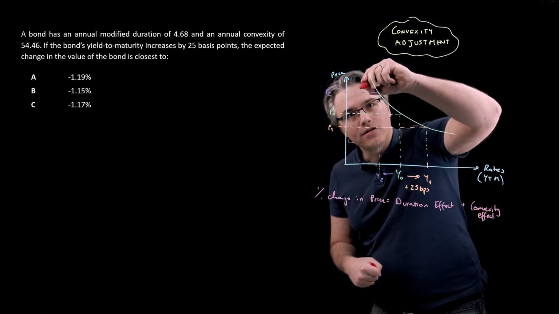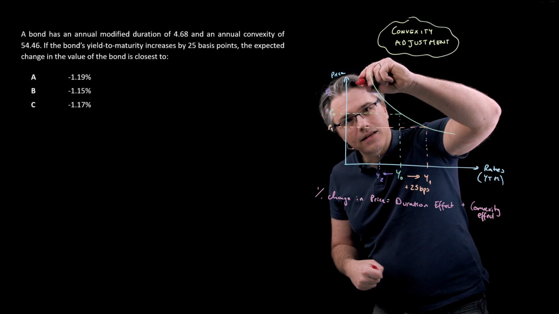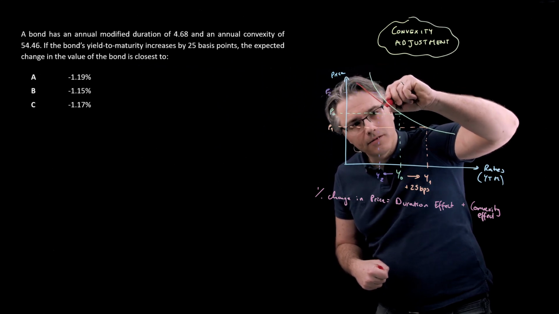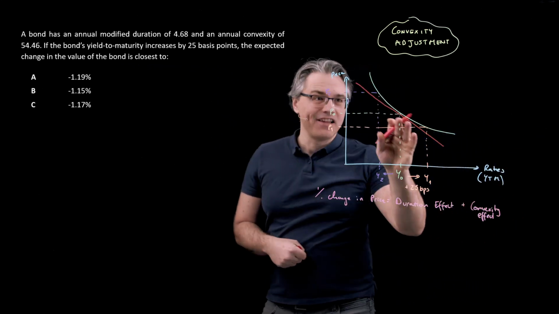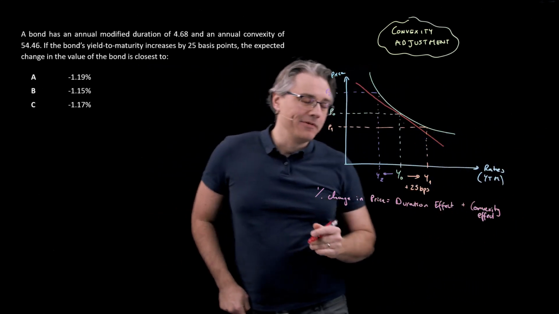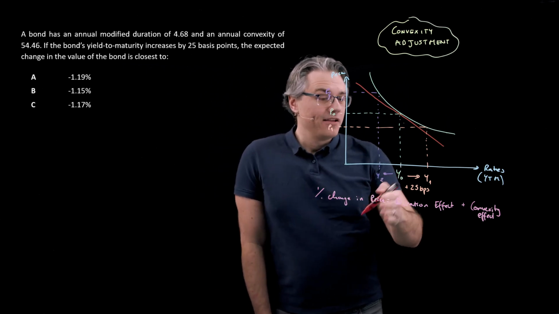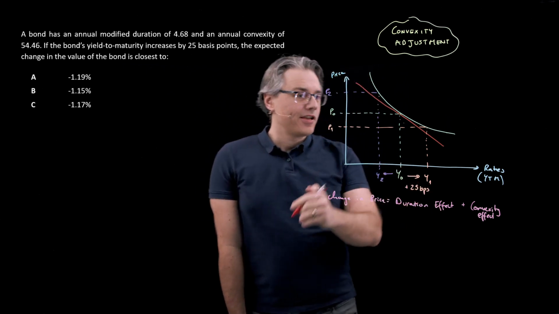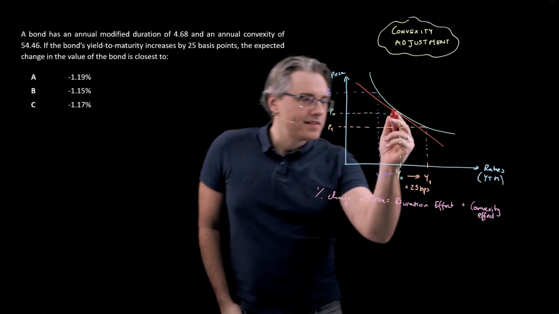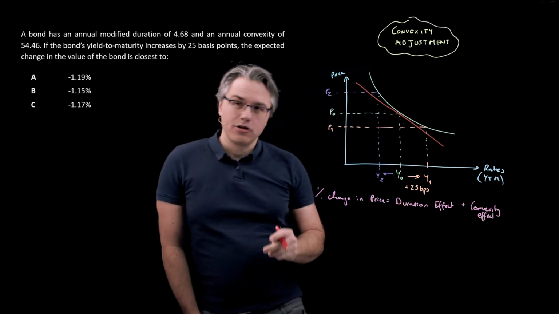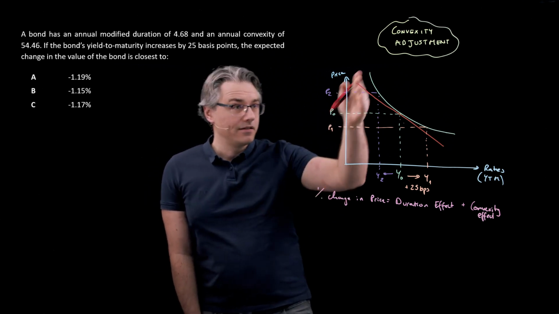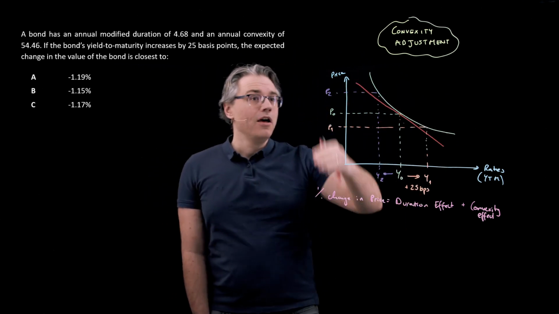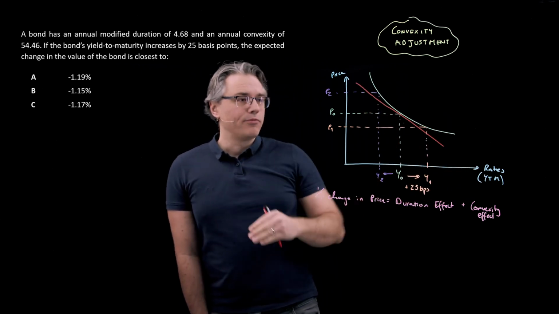Because what duration does is it tries to predict, okay, quite happy with this tangent line here, what will happen when yields go down or yields go up, but it's a linear relationship which doesn't take into account the convex nature of this true relationship of rates and price.